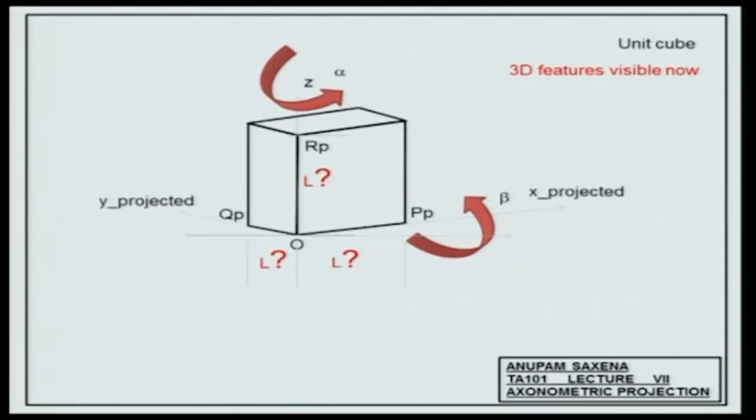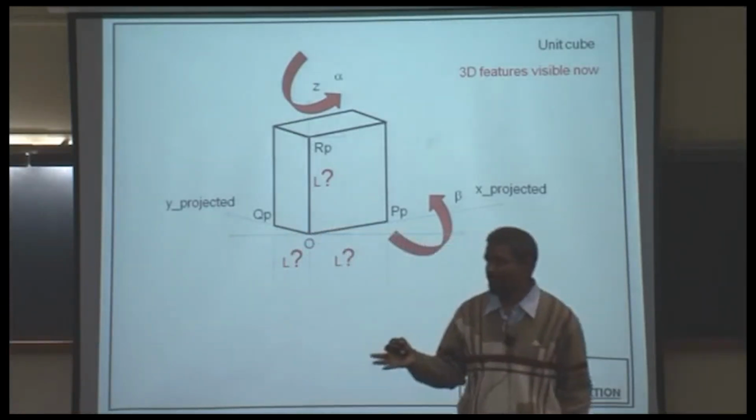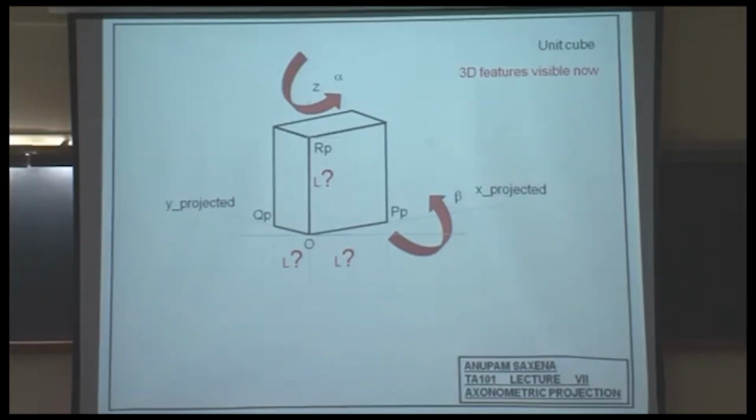What is happening to these 3 lengths of the unit cube? When you perform one single rotation, the length is reduced to cosine of alpha. In this case, any idea? No idea? We need mathematics for this.